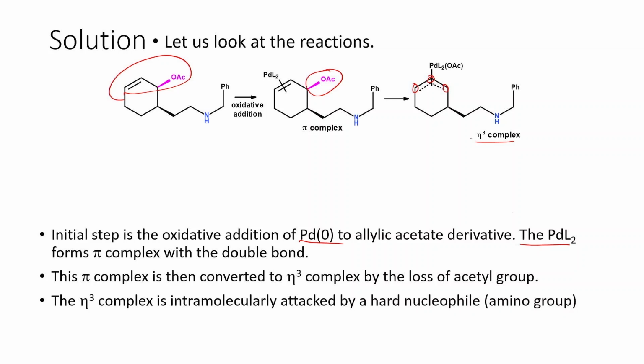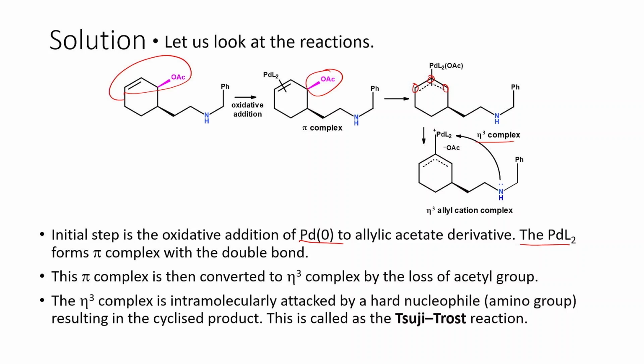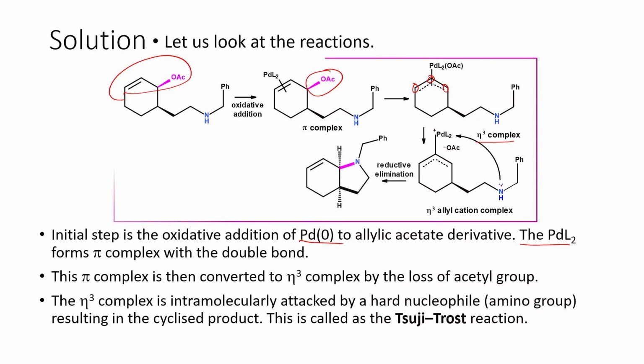And in the next step, intramolecularly, the eta 3 complex undergoes a nucleophilic attack because the nitrogen is having a lone pair of electrons. So this lone pair of electrons can now attack the palladium species. So the amino group is basically here a hard nucleophile. So there is a major difference. One is that the nucleophile can attack this particular carbon atom, that is one type of attack that is possible, or the nucleophile can actually attack the palladium and then it undergoes the cyclization.